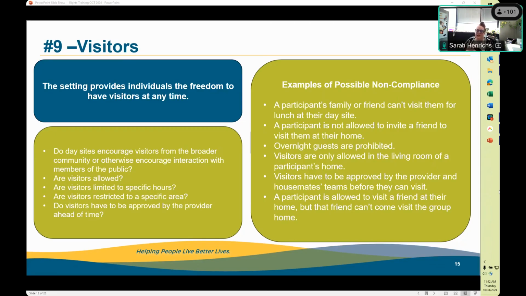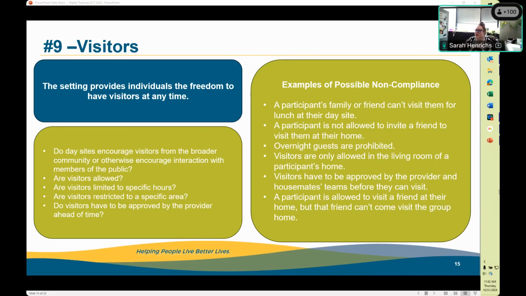But if there was nothing like that in there, then no, the provider doesn't really have a, you know, way to limit that.